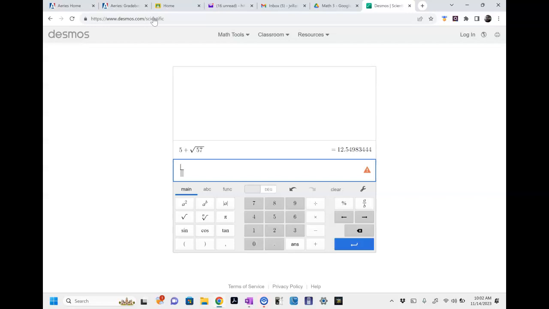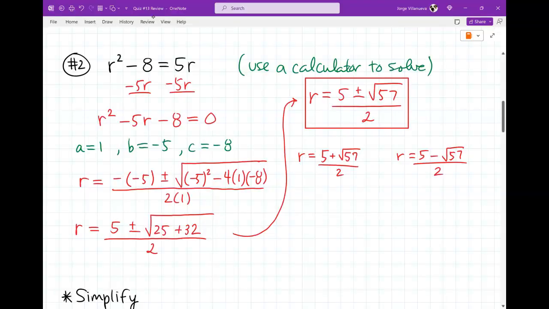Well, all right, let me type it in. 12.549, divide that by 2. And my answer is 6.2745. So let's say I want to round to the nearest hundredths. The nearest hundredths would be the 7. So 6.27. That would be one of my answers. So r is equal to 6.27.